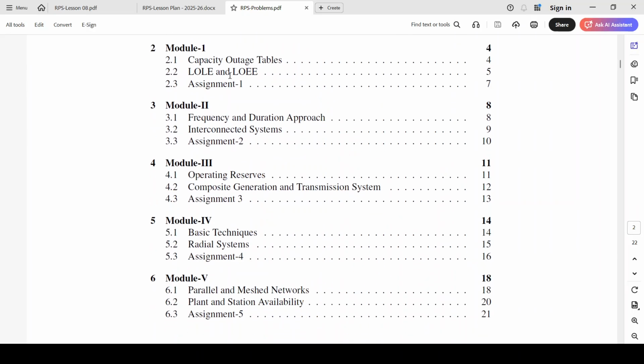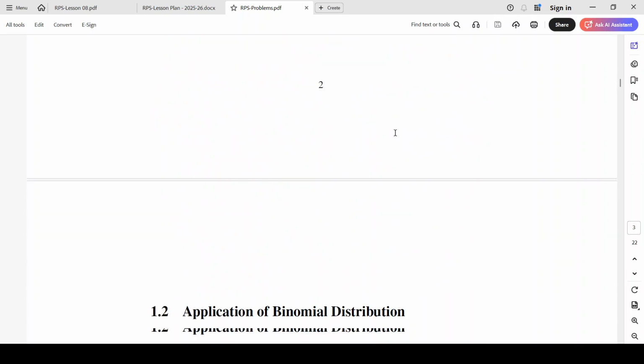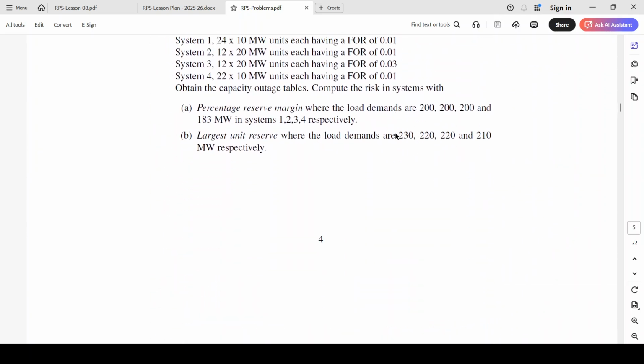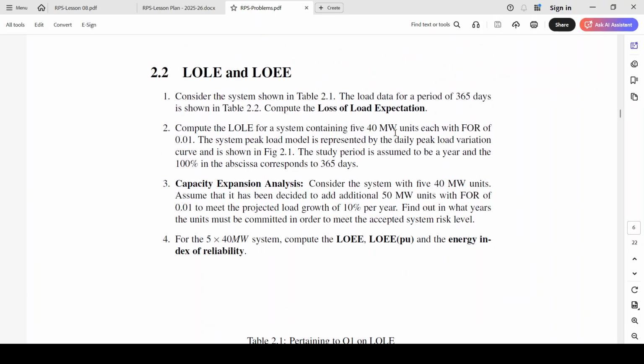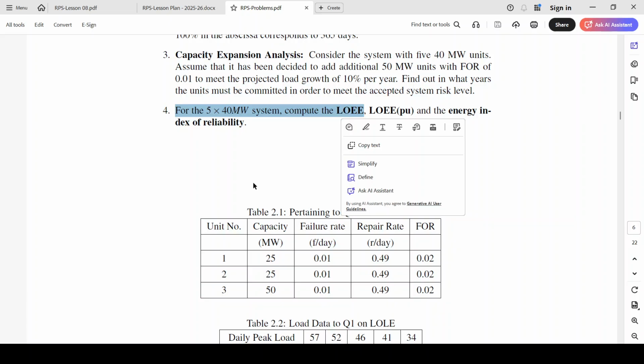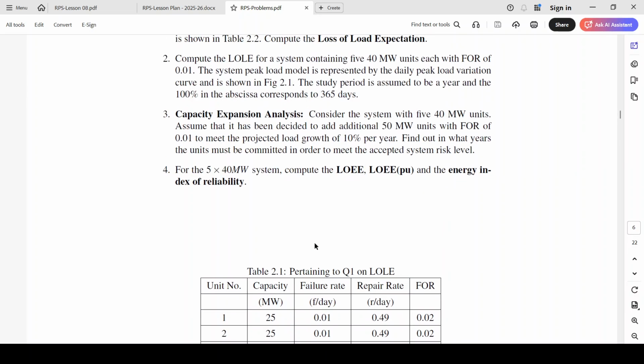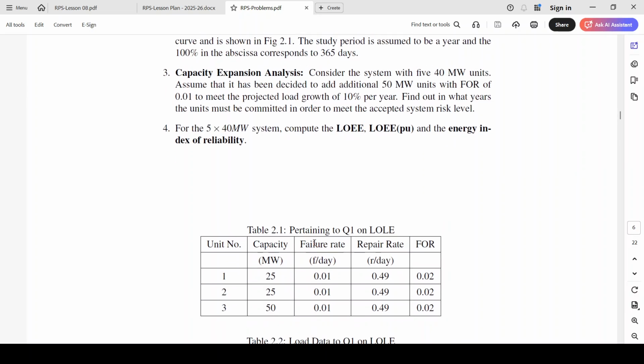In module 1, we are now concerned about LOEE, the loss of energy indices, which is this one. Okay, question number 4. For the 5 into 40 megawatt system, compute the LOEE per unit and energy index of reliability. So this is what is important. Okay, this will complete what is required for loss of energy indices.